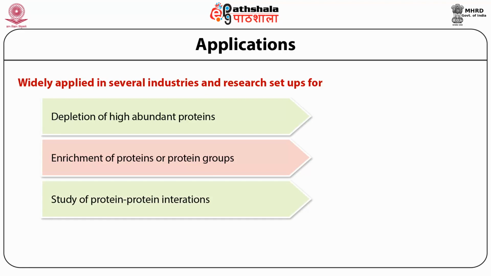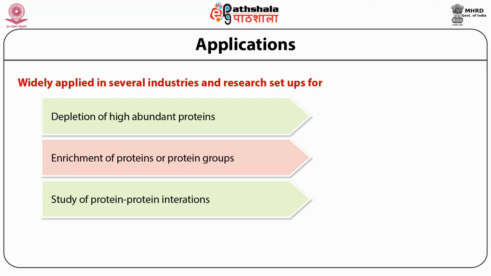Suppose someone has purified a certain protein, and we all know that protein-protein interactions play an important role in the biological function of any protein. So interacting partners of that specific protein can be separated by using affinity chromatography, by using co-immunoprecipitation.